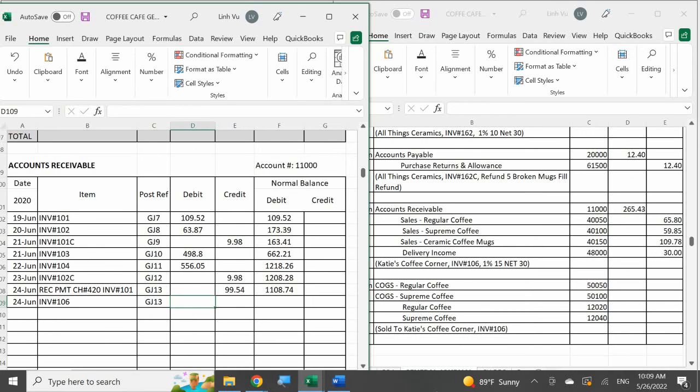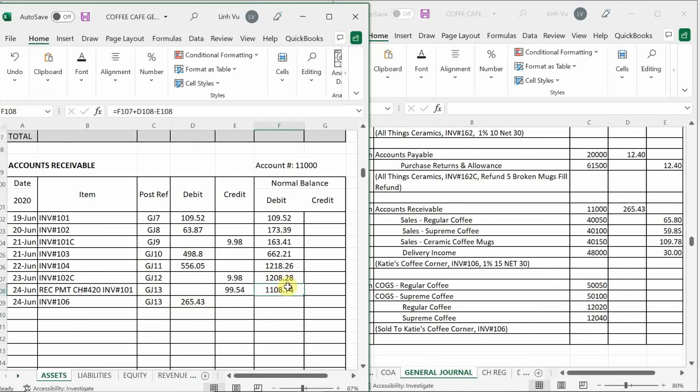Okay, so we increased our account by $265.43. So that means we increased our accounts receivable to a total of $1374.17. Okay.